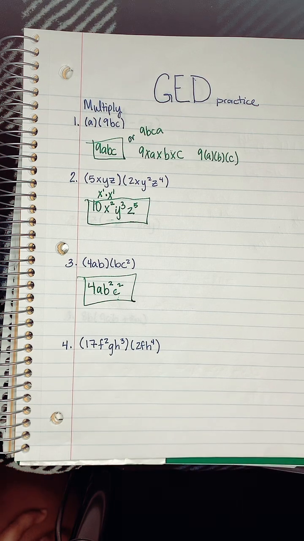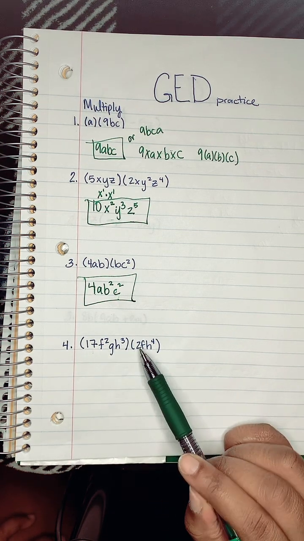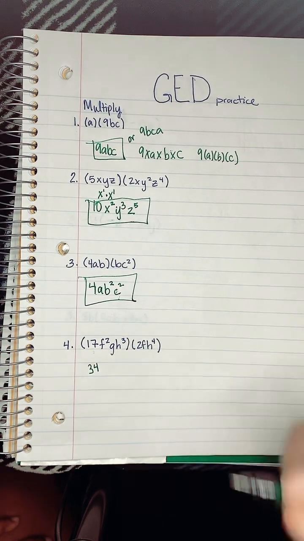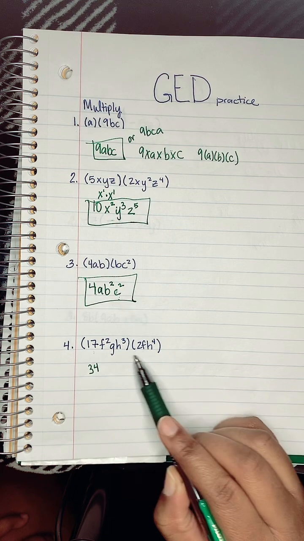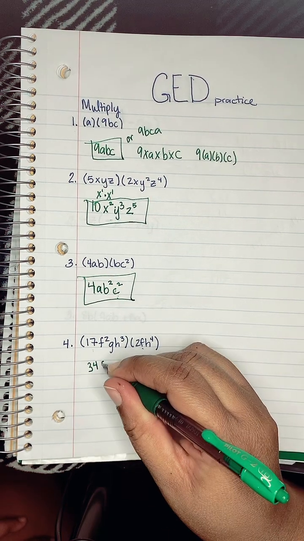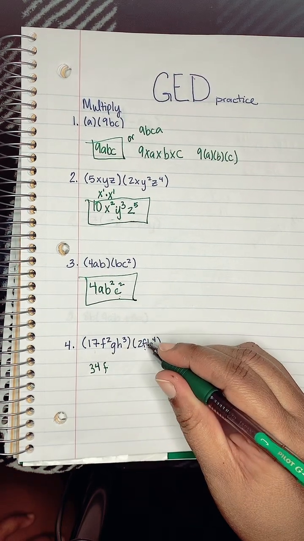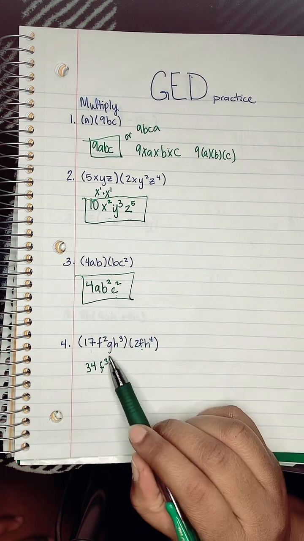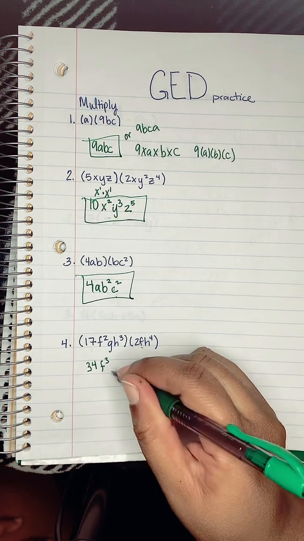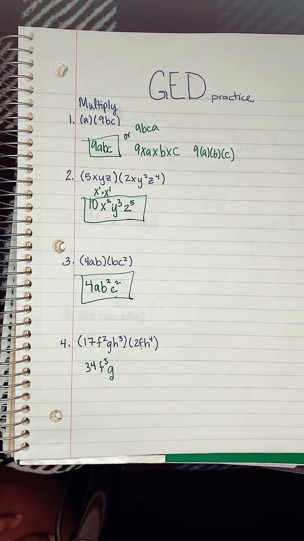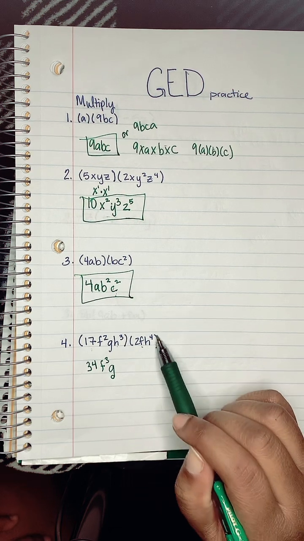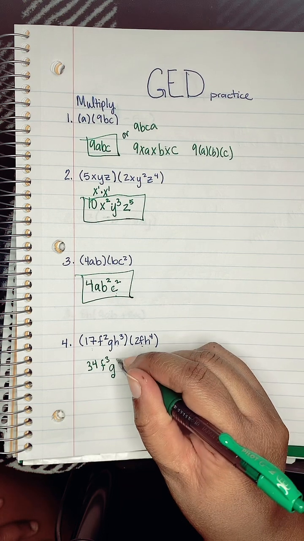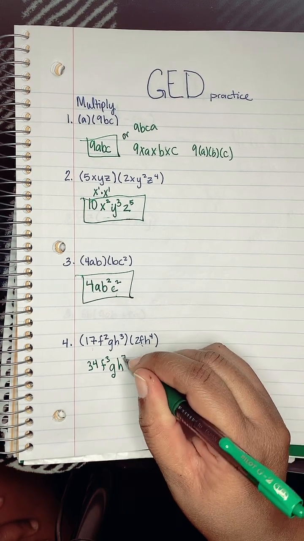Okay, so number 4, 17 doubled. That's how I look at this. Is $34. Okay. F squared times F gets us, we have 2 here and we have 1 here. So that's 3. Okay. We have only a G, no G over here, so we just drop it down. And we have H to the third, H to the fourth. H to the 7th.